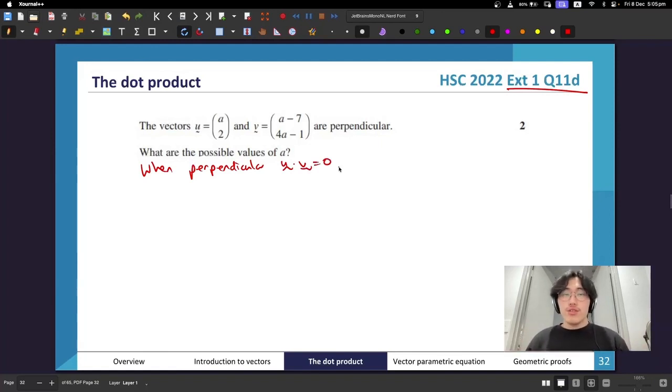The reason I like to write definitions at the top of the page, it's not mandatory, you will get the marks without it, is that right now I'm doing a 2-hour lecture. In the extension 2 exam, you'll be doing a 3-hour exam. That's a really long time to be crunching numbers for.